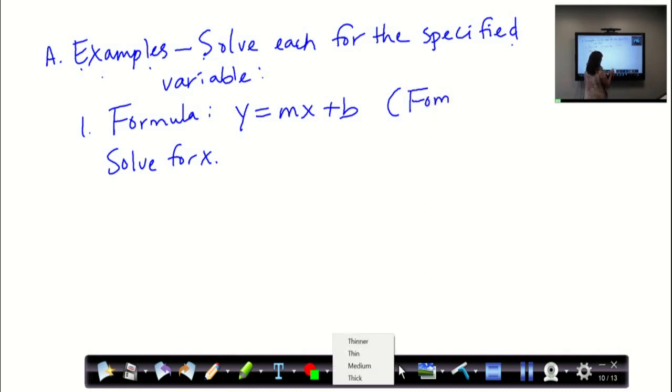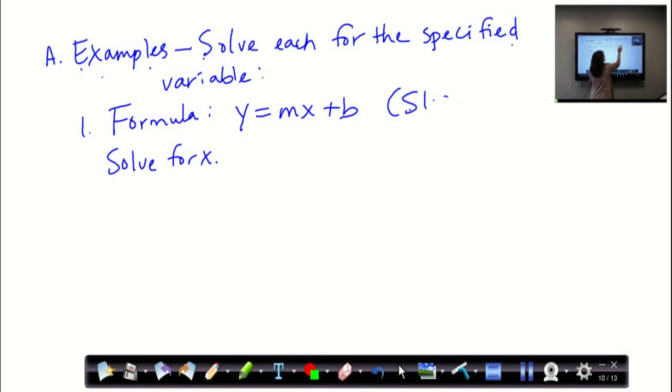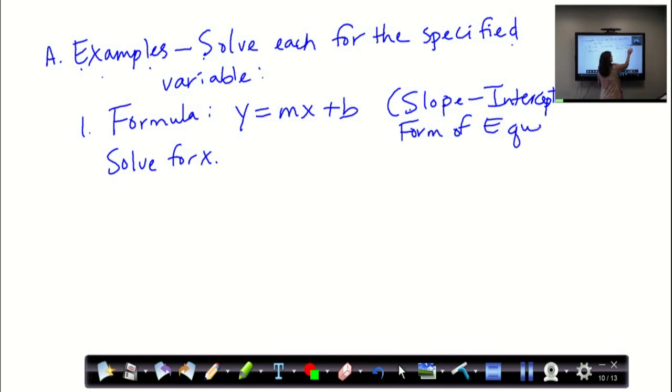It is the formula for the slope-intercept form of the equation of a line. Remember, the formula for slope is subtract the y's on the numerator and subtract the x's on the denominator. This is just the slope-intercept form of the equation of a line, which, if you don't know that right now, that's okay. It's important in the next unit, but right now you'll be fine without that.